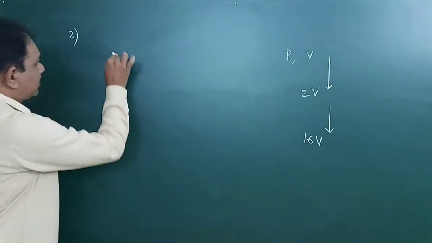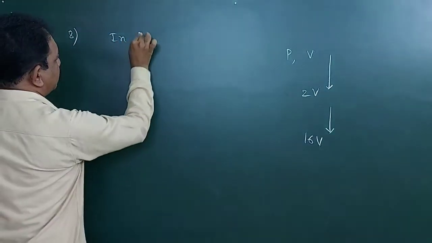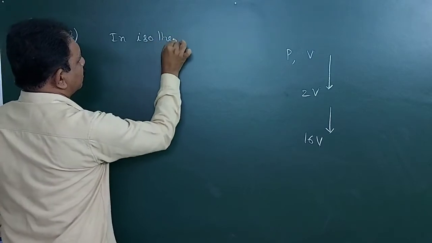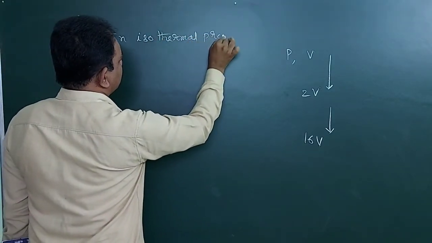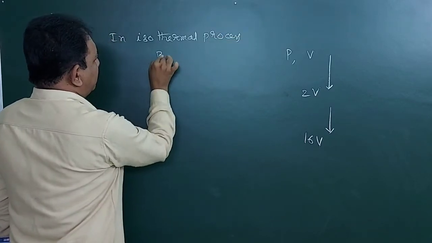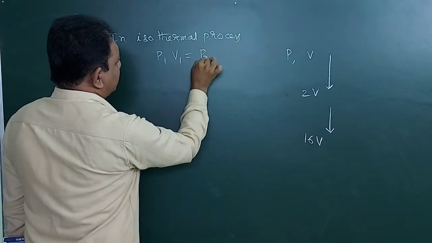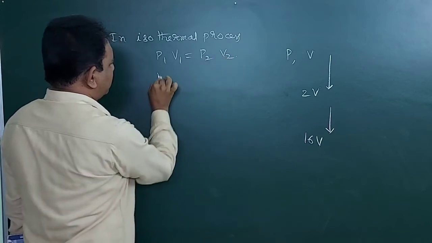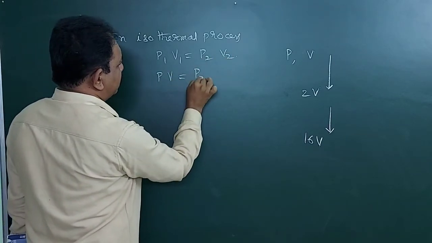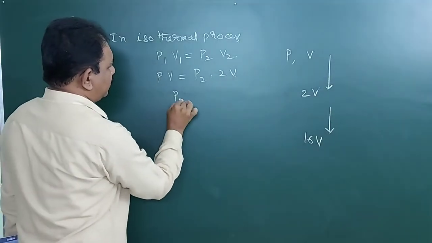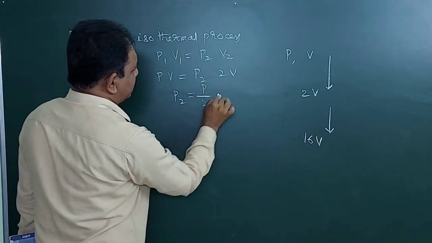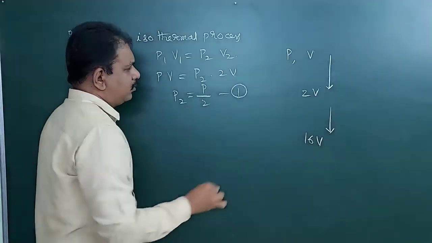So in the isothermal process, P1 V1 is equal to P2 V2. So PV is equal to P2 into 2V. P2 is equal to P by 2.